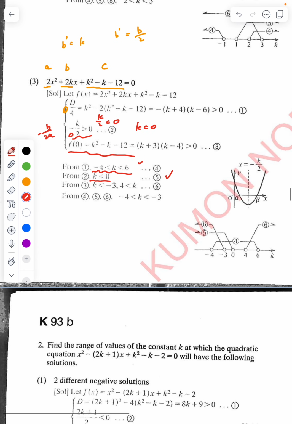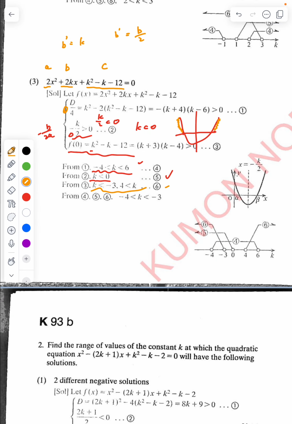In this case, my C is a quadratic function based on K, so K squared minus K. We quickly do the factorization. We have negative 3 and 4. Again, draw the little graph based on K: negative 3, and this is 4 here. You want it to be greater than 0, so it's going to be smaller than negative 3 and also bigger than 4. So that's what this is talking about.